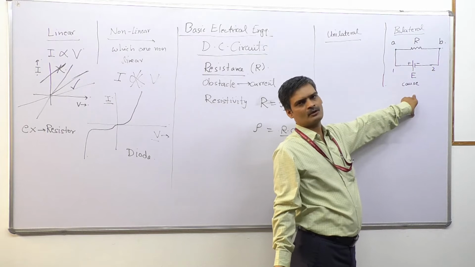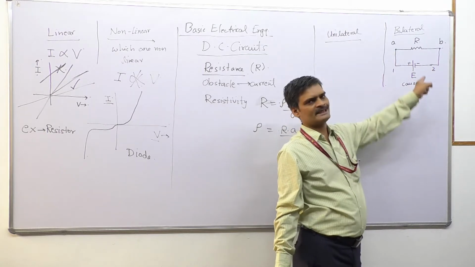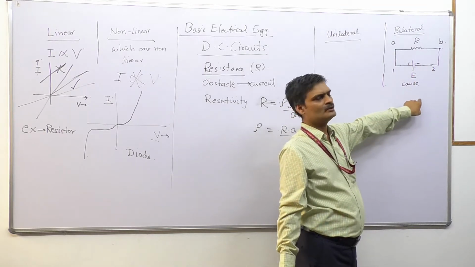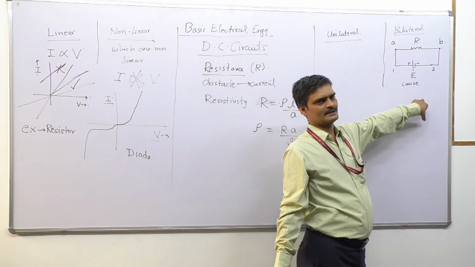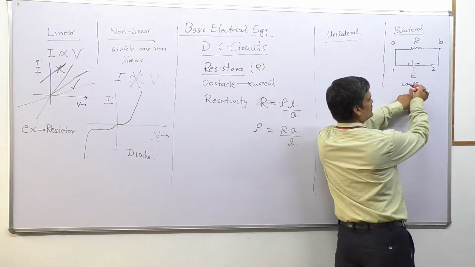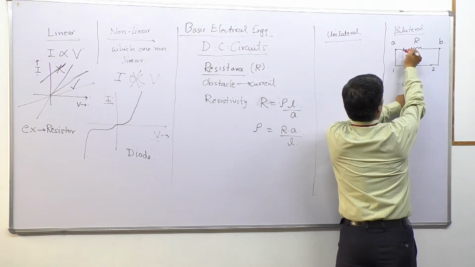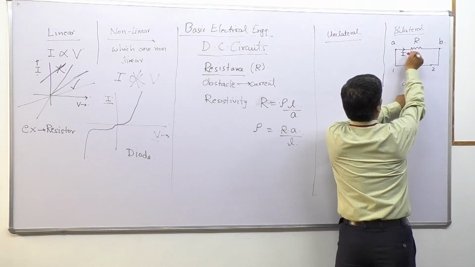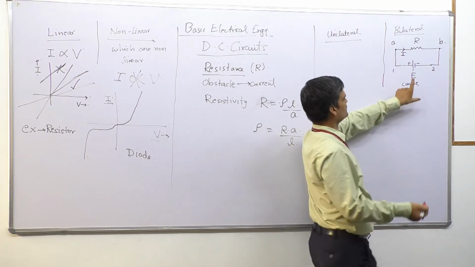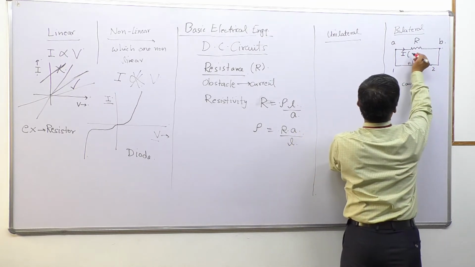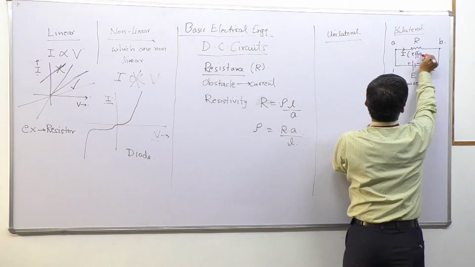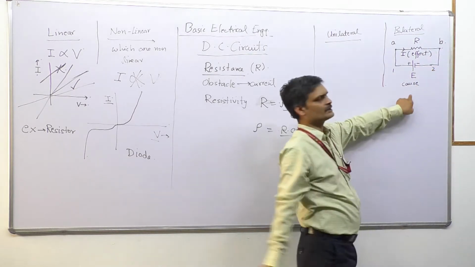What kind of cause? The cause to drive this entire electric circuit. So this cause results in an effect in the form of flow of current through R. So this E is the cause, whereas I is the effect of the cause.